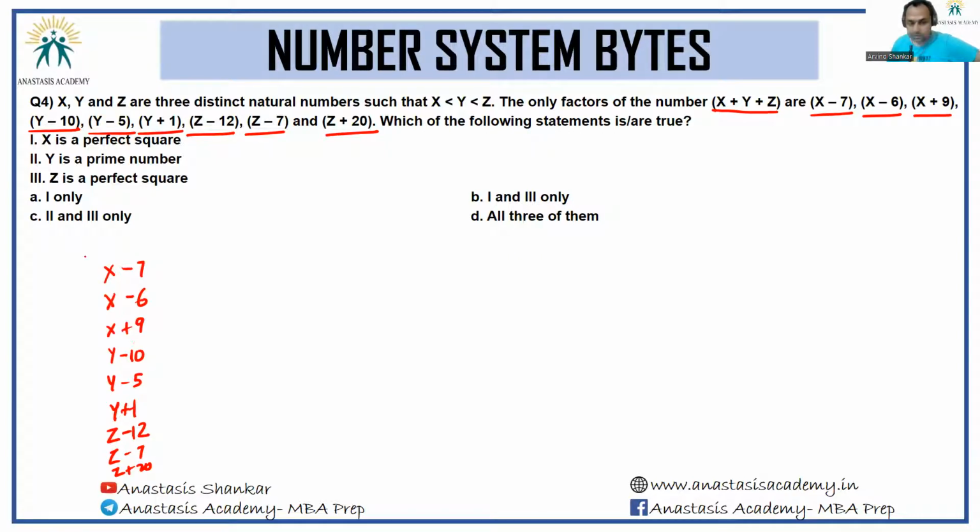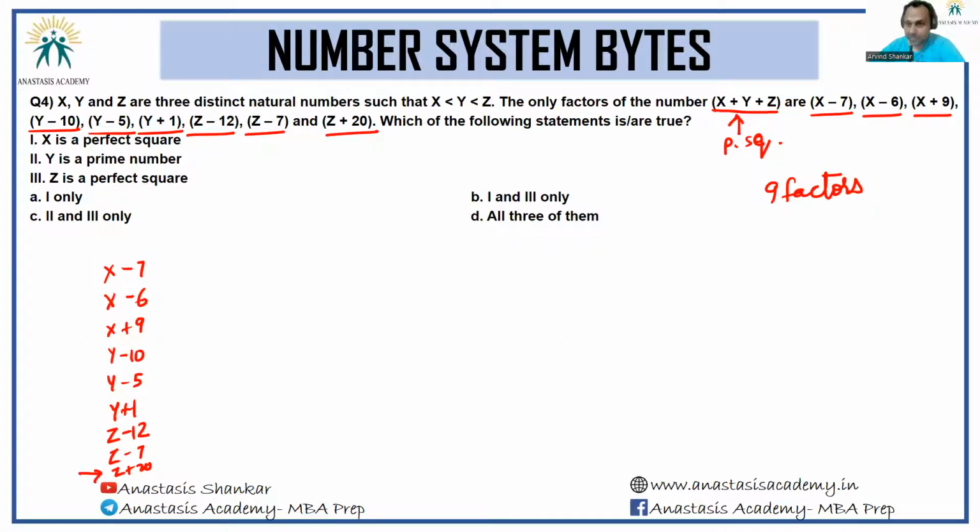Can you see? We have a total of 9 factors. Which means this here is a perfect square. And not only is this a perfect square, among all the factors listed, can you see z plus 20 is the largest factor?